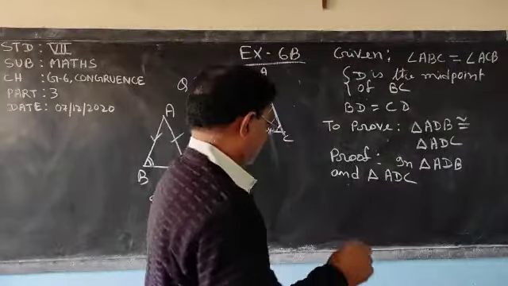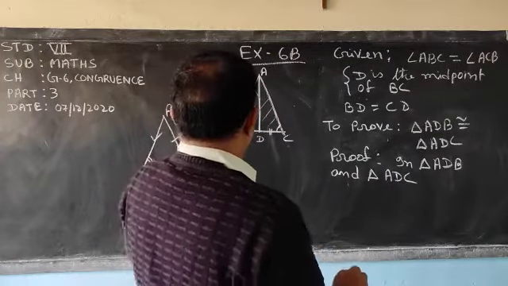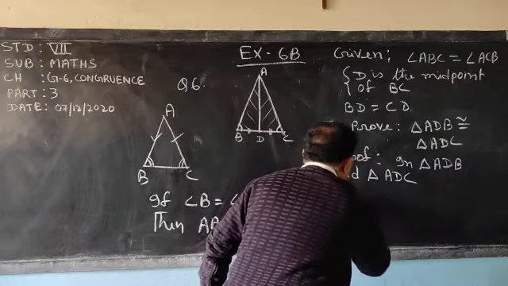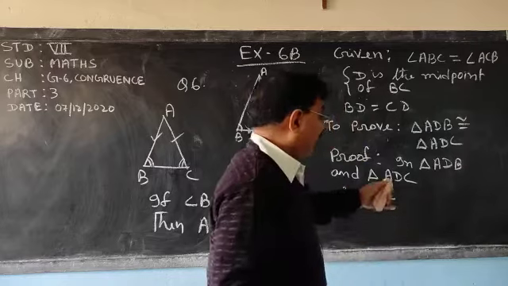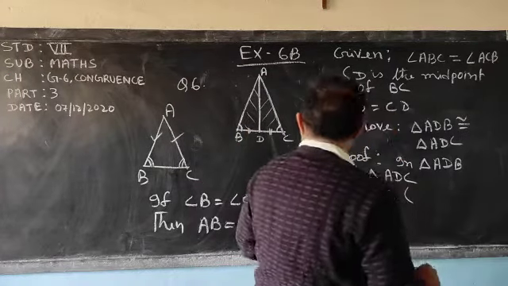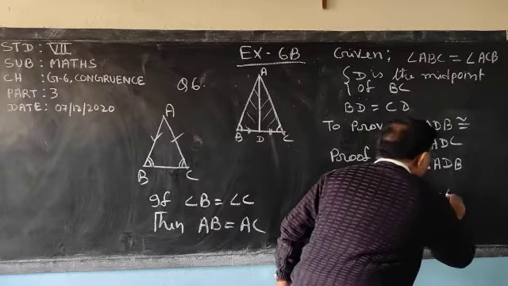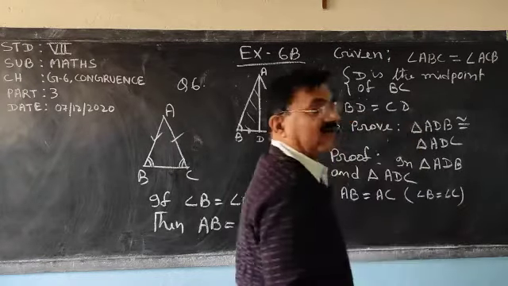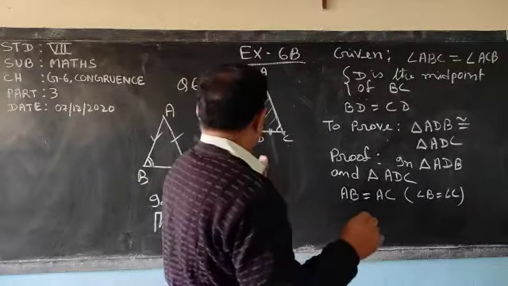Three things. AB is equal to AC. Reason you have to write in bracket. What is the reason? Angle B is equal to angle C, or you can write isosceles triangle property.